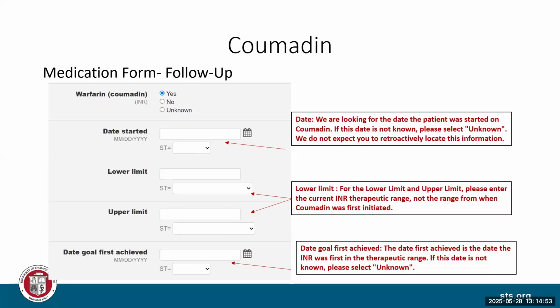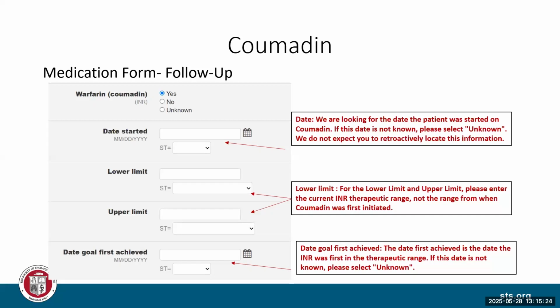I also thought the lower and upper limits are INR results during the date range of the report. So the lower and upper limits should be the current INR limits. If it has changed, say on the 6 month it was 2 to 3, and now when they come in for their 1 year, it's 2.5 to 3.5, you would use the current limits for the Coumadin during this follow-up period.